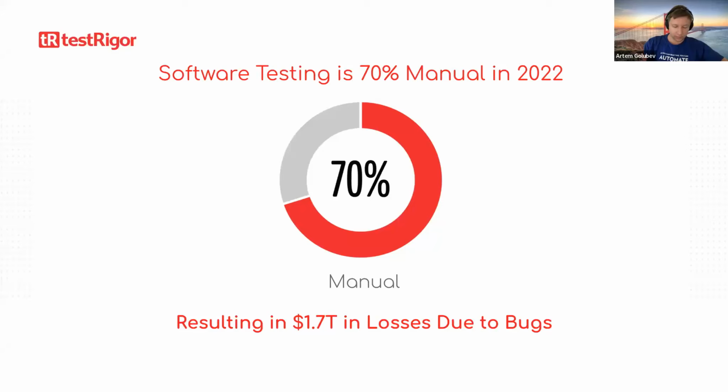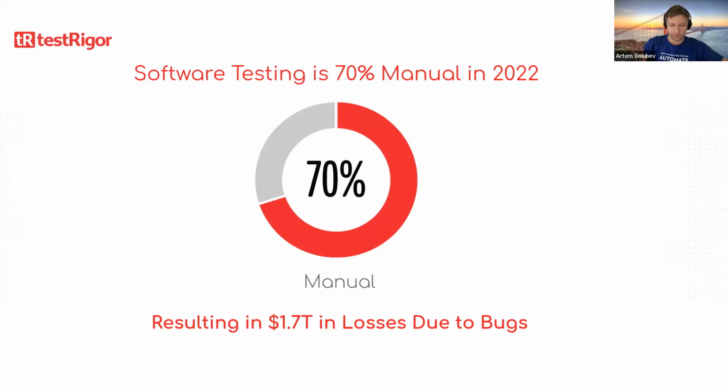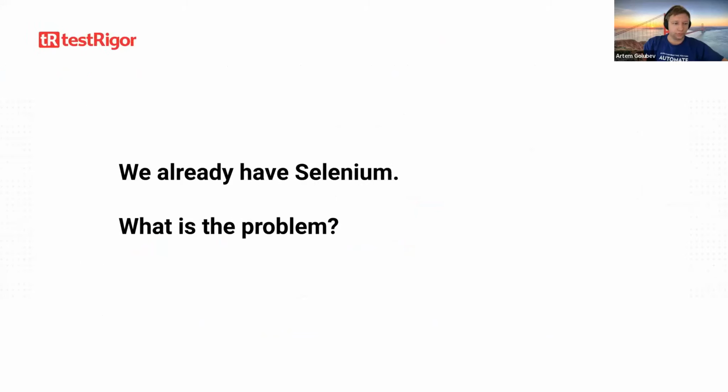Because it is very hard to scale manual testing, you just can't run all the tests quickly enough to respond to all the changes engineering is doing. What happens is companies are suffering $1.7 trillion in losses across the globe due to software bugs because we couldn't test everything quickly enough. So this is a huge, huge problem.